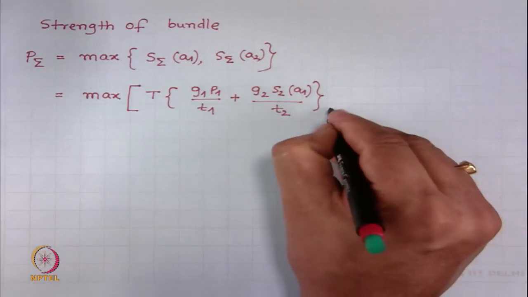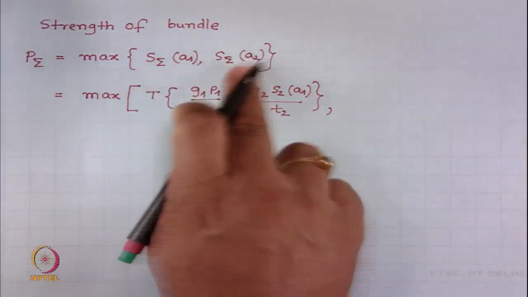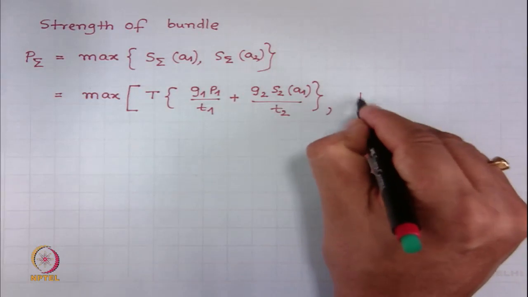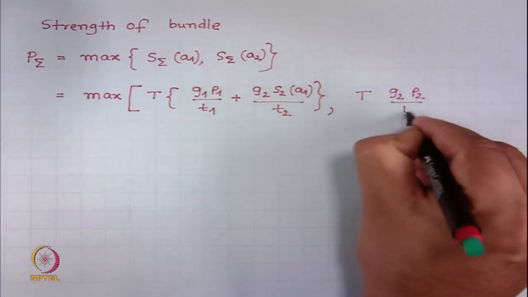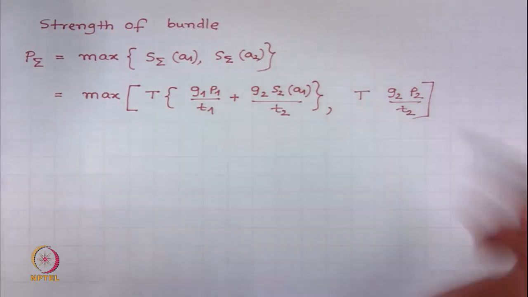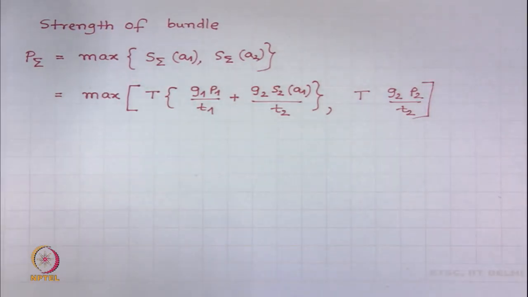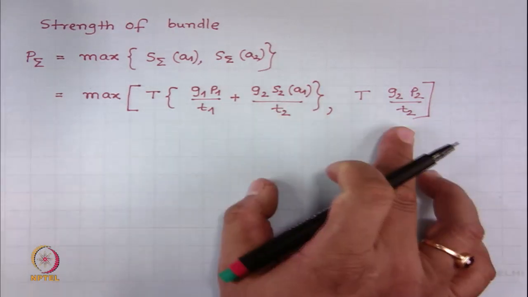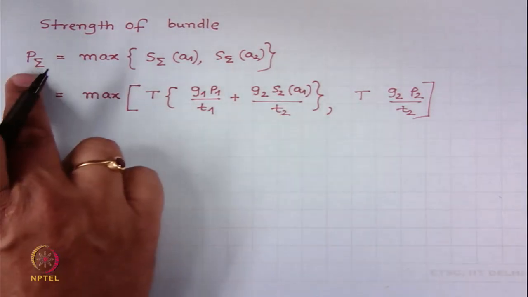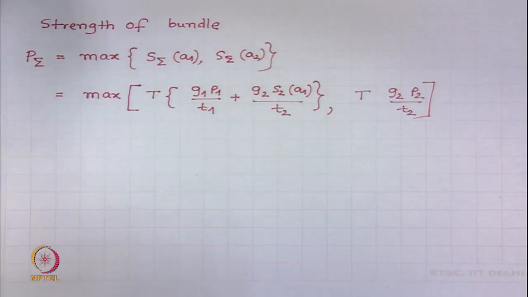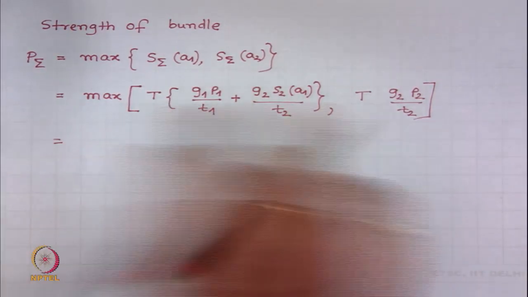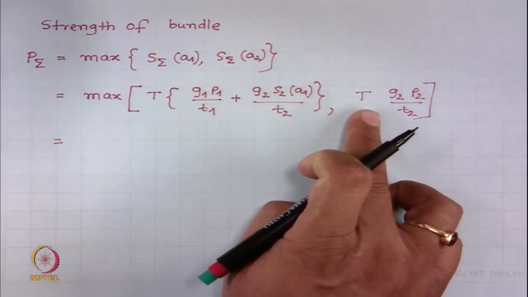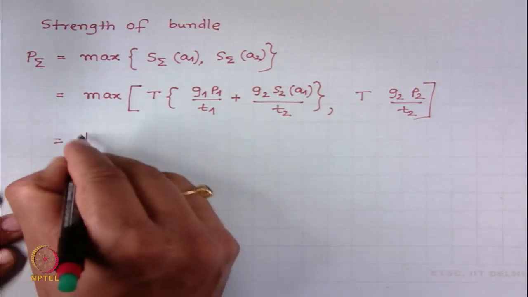This is for this function, and for this will be T into G2 P2 by T2. Whatever will give maximum value, that will be equal to the strength of the bundle. Now, here this T is common, constant, it can come out of this maximum operator.